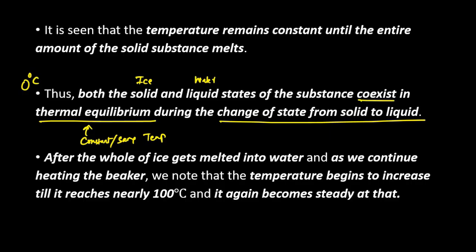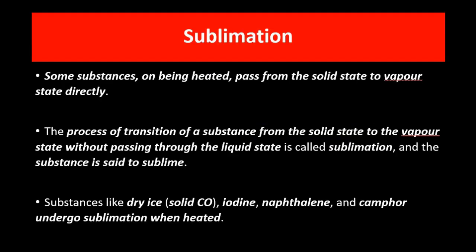Now there is another important change, which I said, where some substances get directly converted or directly transition from solid to vapor state. This process of transition of a substance from solid state to vapor state directly without passing through the intermediate liquid state is called sublimation, and the substance is said to sublime.